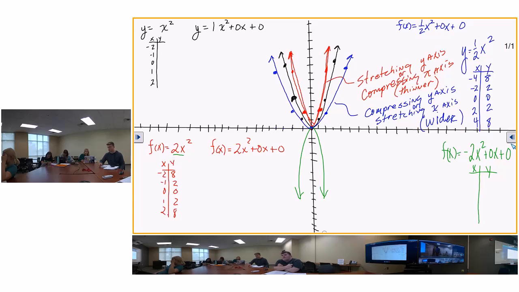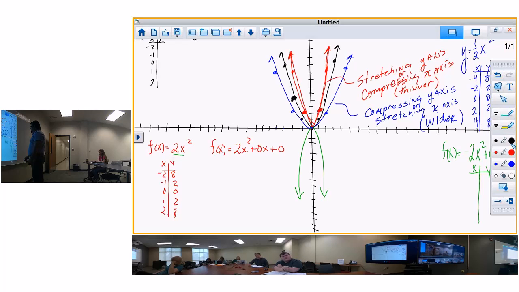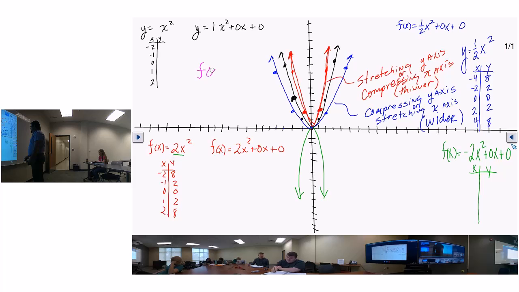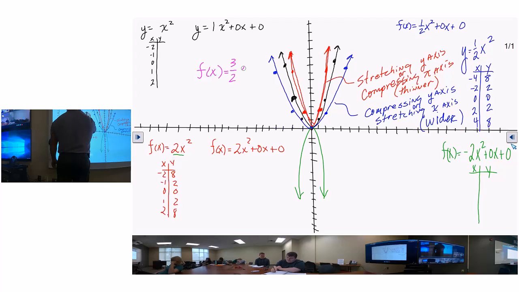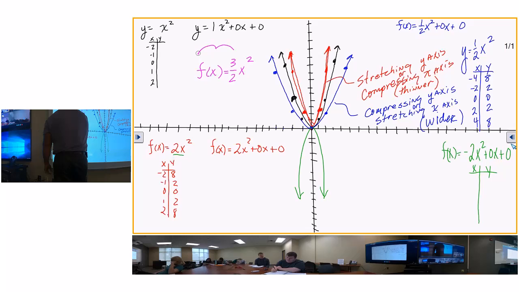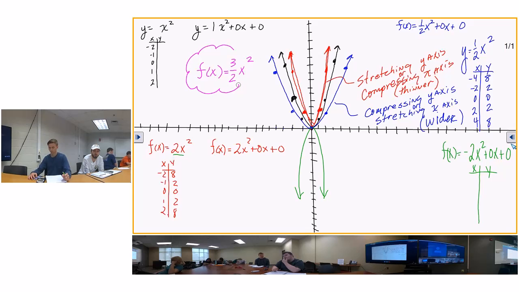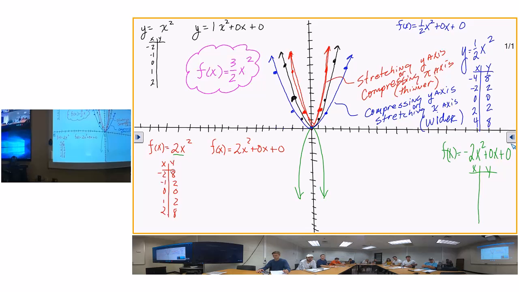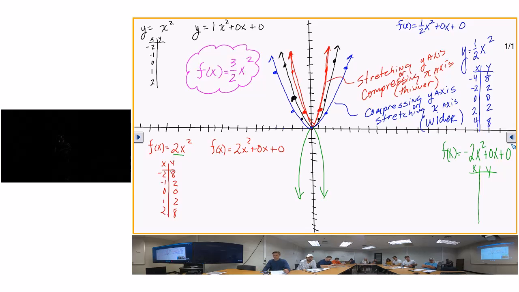What about this one? And I'll do this one in some weird color, dang old magenta. And I just want you to tell me what you think is going to happen. What's that one going to be? Is it going to be wider or skinnier than the black parabola? You got a 50-50 shot.